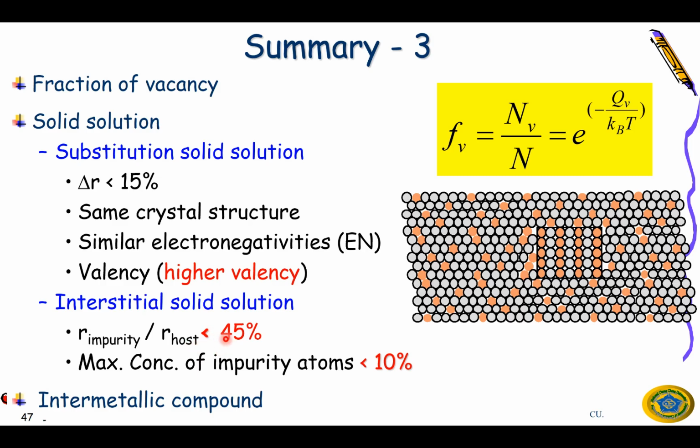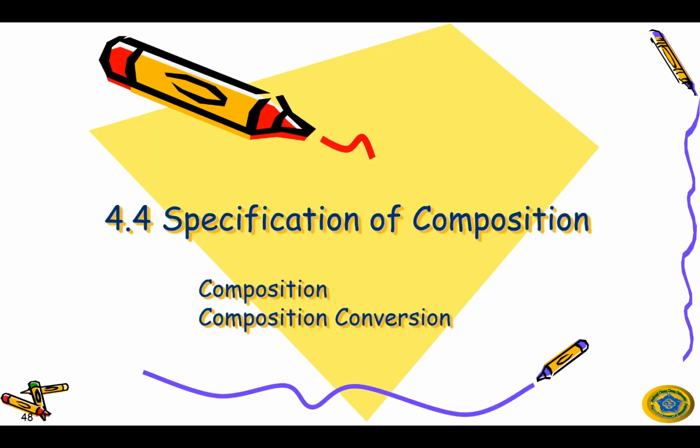This needs to be less than 45%. And generally, the maximum concentration of impurity atoms will be less than 10%. And the final topic is intermetallic compound. Right.